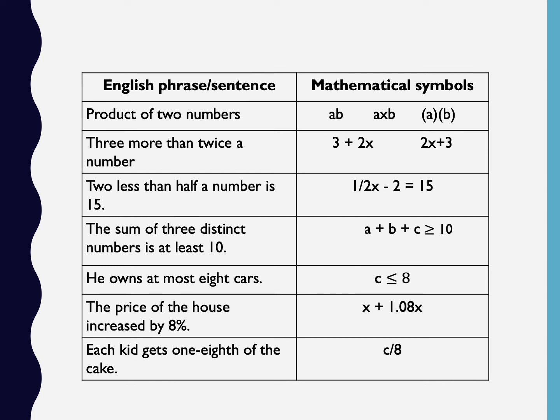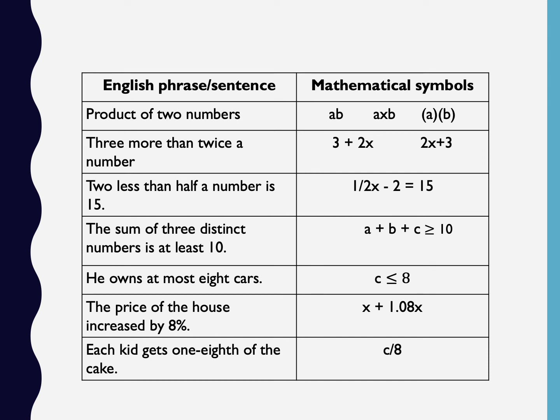So if he owns at most 8 cars, that will be C is less than or equal to 8. So the keyword here is at most. So the highest possible value will be 8.